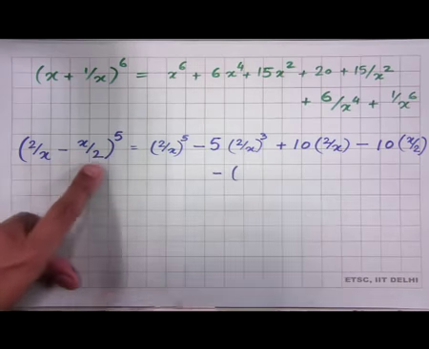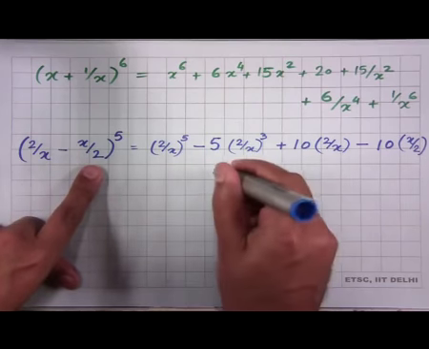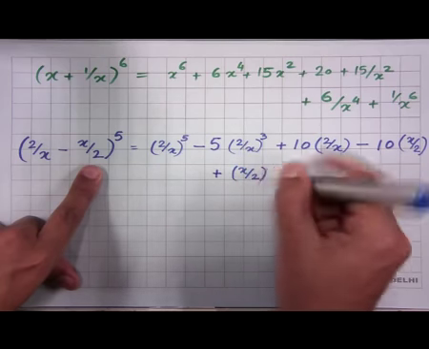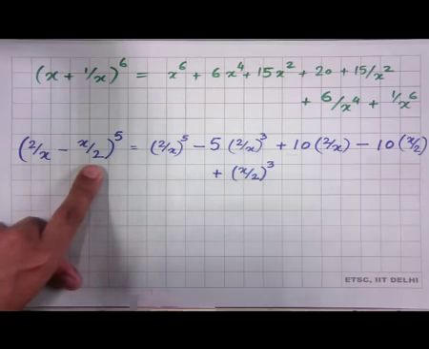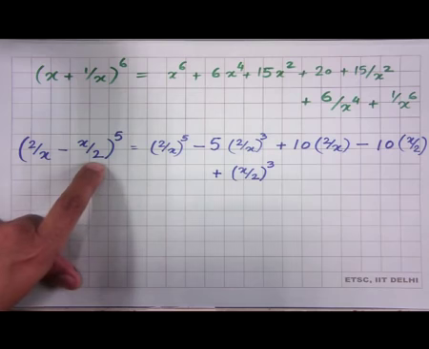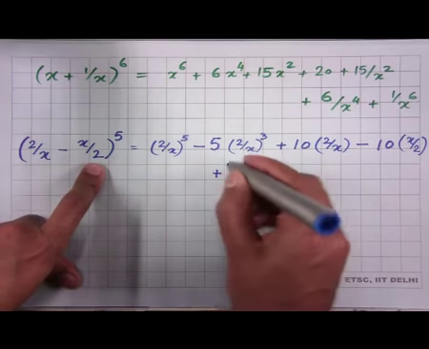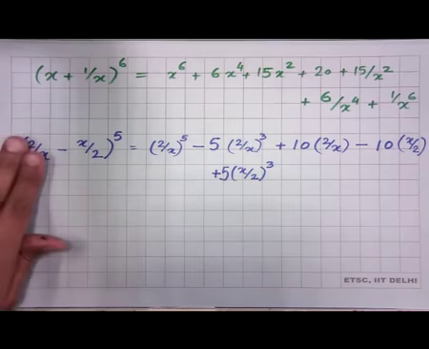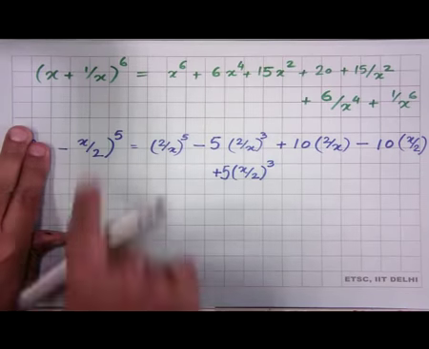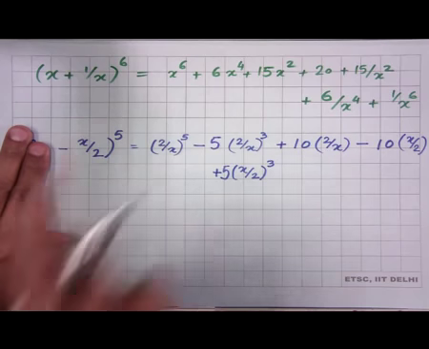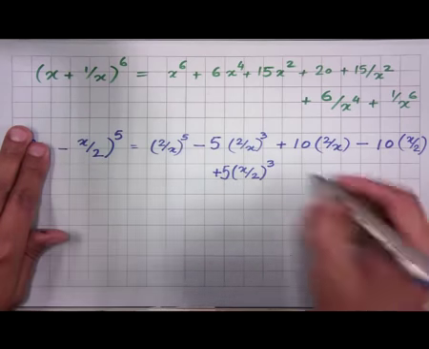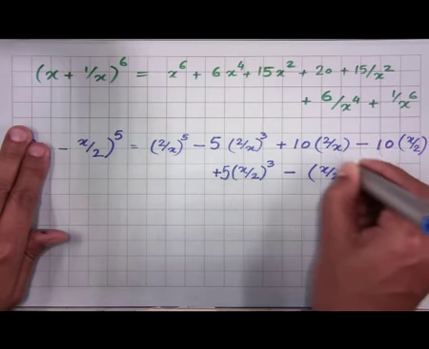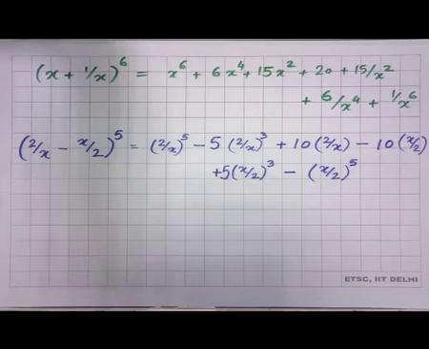No, you have chosen minus x by 2 4 times, so it becomes a plus x by 2 whole cube. And how many different ways can you do this? 5. And lastly, you do not pick 2 by x at all, you pick only minus x by 2 5 times. So, minus to the power 5 gives you a minus, and then x by 2 whole power 5. So, that is your answer.